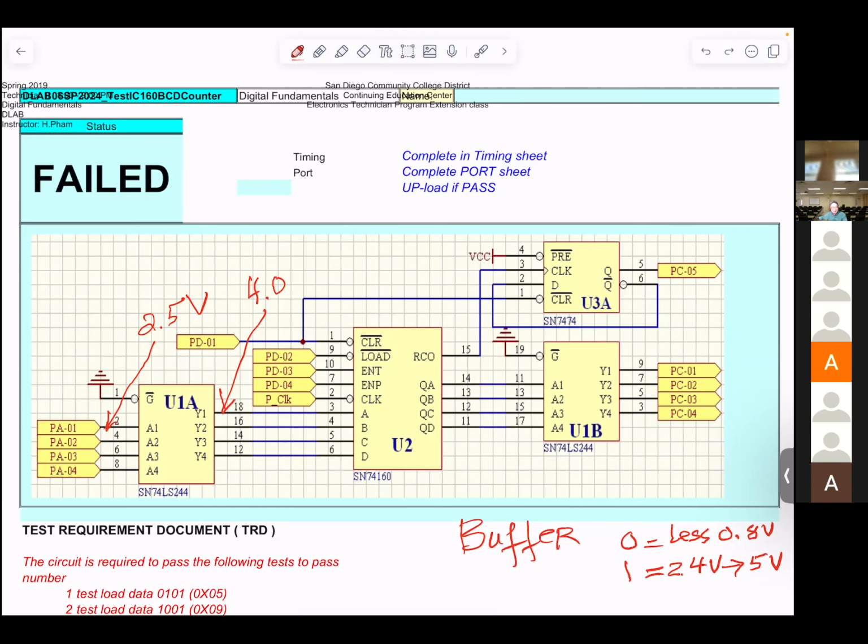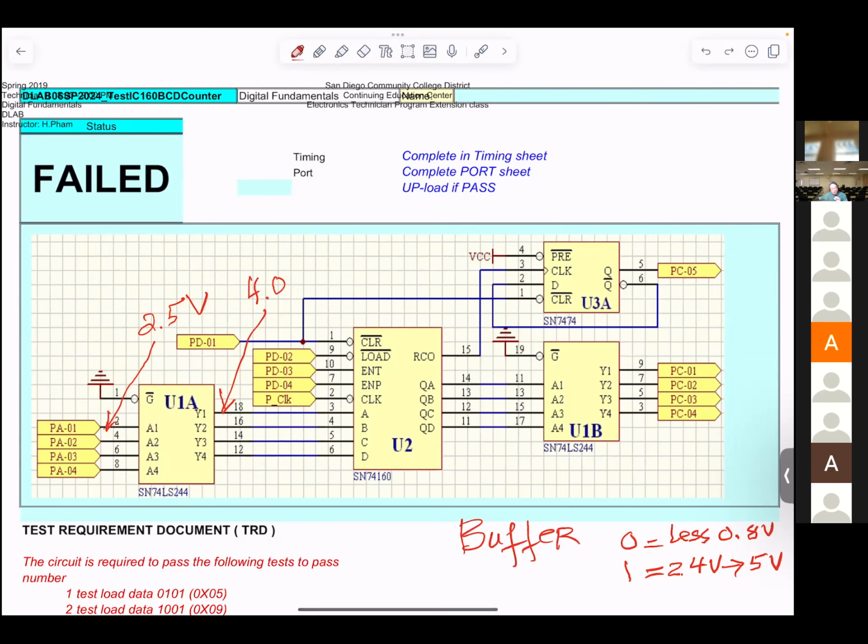If it goes down very close to 2.4 volt, it can drop even more. That causes the problem. That is the reason why we use the buffer: we want to keep logic 1, or logic 0, all the time. That is the purpose. Okay?